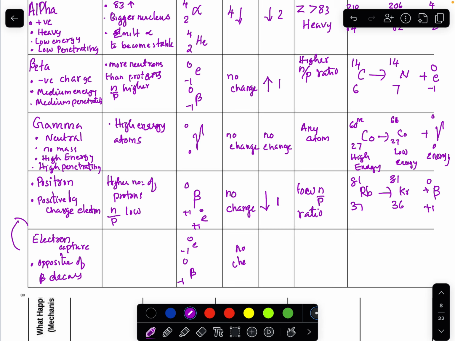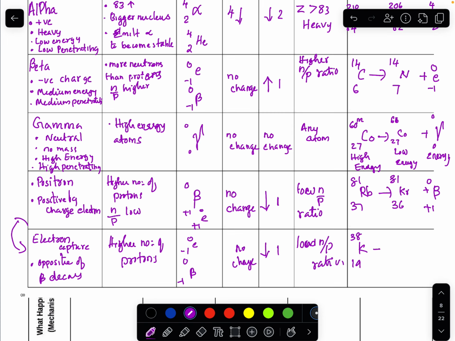Okay, no change. So this will be, it is absorbing a negative particle, so decreases by 1. Loss n by p ratio. Same thing here also, higher number of protons. Same thing. Okay, these two are basically the same except the symbol. Okay, so if you write an example, potassium 1938.